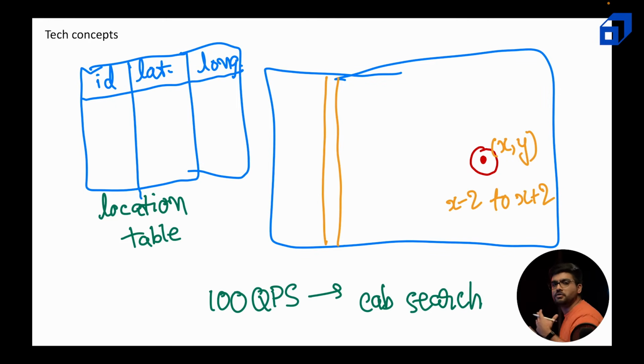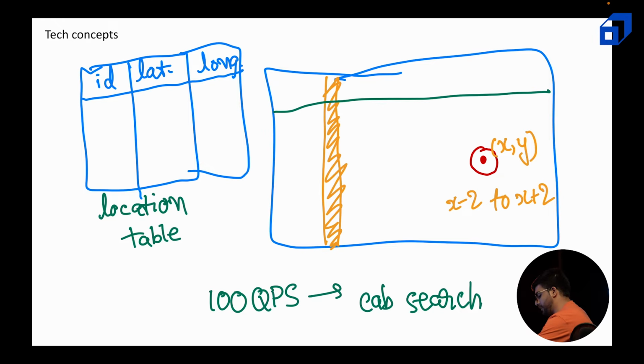This is the range in which we want to find the drivers. Even after optimizing based on one index, it is going to be quite inefficient, because in some cases there could be a lot of drivers in a particular range of latitude or longitude as well.